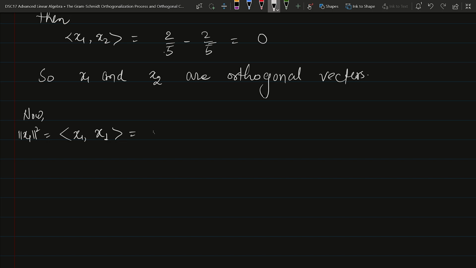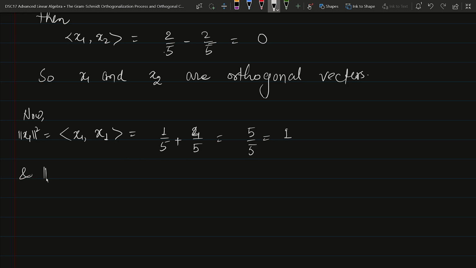Just multiply x1 with x1 and then add it. We will have 1 over 5 plus 4 over 5, so it will be equal to 5 over 5, and that is equal to 1.